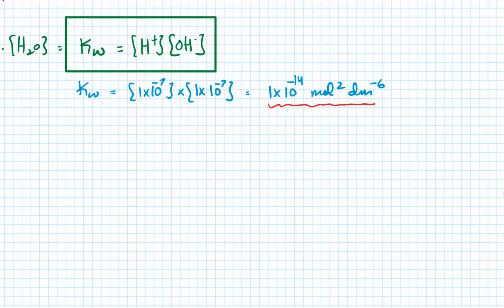Now, water has an equilibrium constant, and that's Kw. Water's dissociation constant is Kw, which is basically Kc. Kw is a constant, except that it only changes with temperature.